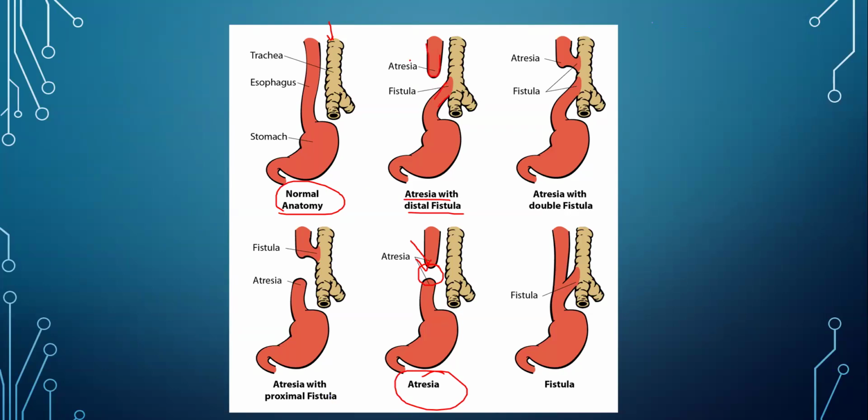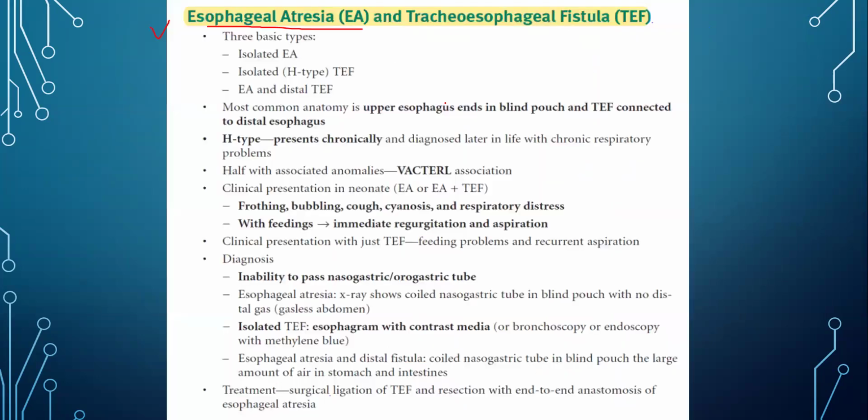That is the commonest one among esophageal anomalies. So you have atresia with no fistula, and atresia with fistula. These are the two main subtypes of this anomaly.